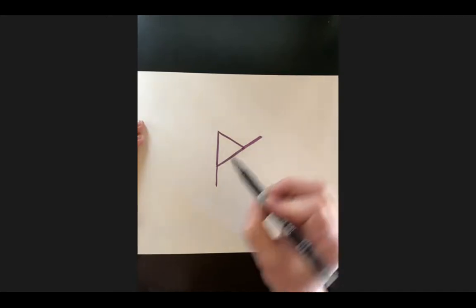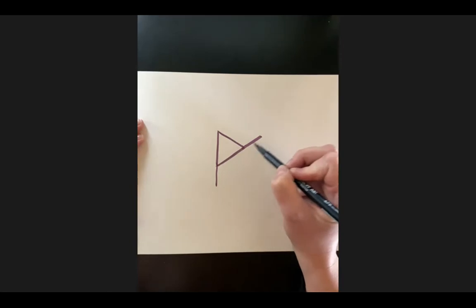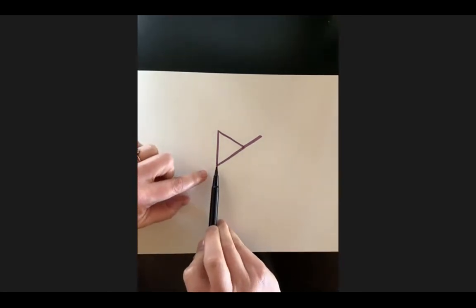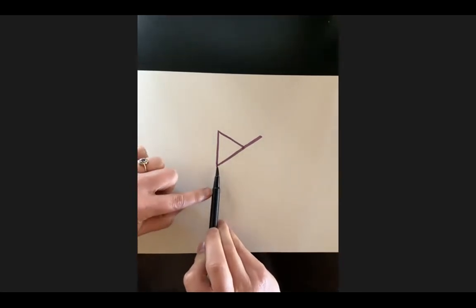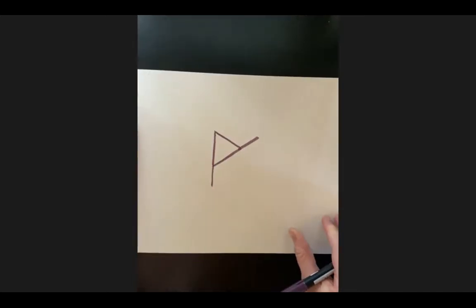And if you can, look at how long this line is and try to match it right here. Sometimes you can use the end of your pen and just kind of measure and then kind of work it over here. Okay? And if it's not exactly the same, that's okay too.